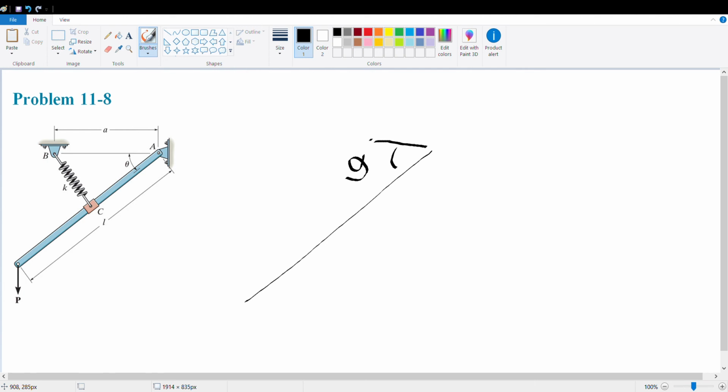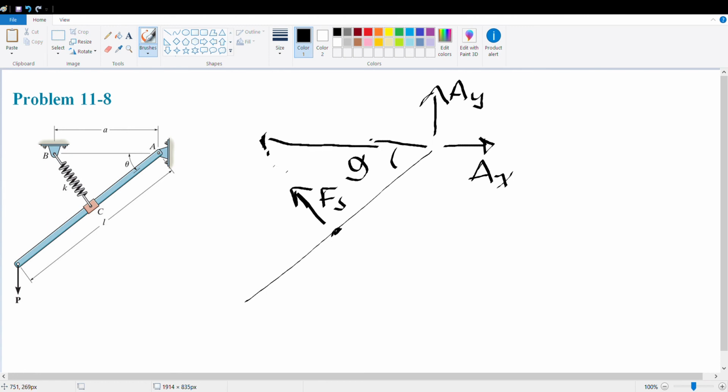Then we have the reaction forces in A, which are two forces, one along Y and one along X. Then we have our spring force Fs, where this projection here is equal to A, as indicated in the problem. And then we have our force P at the other extreme.